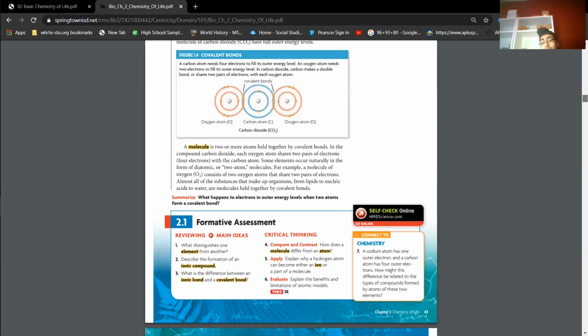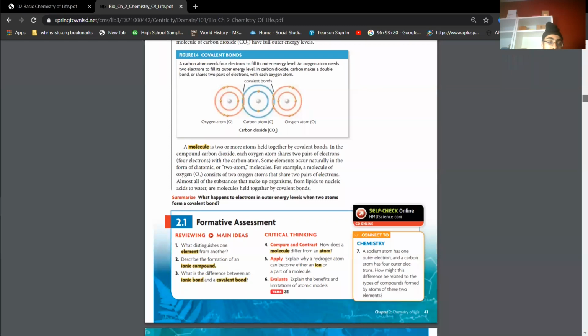But what happens now is, because you removed an electron from one element and added an electron to another, the sodium is going to have a positive charge because it lost an electron, and the chlorine is going to have a negative charge because it has that extra electron.